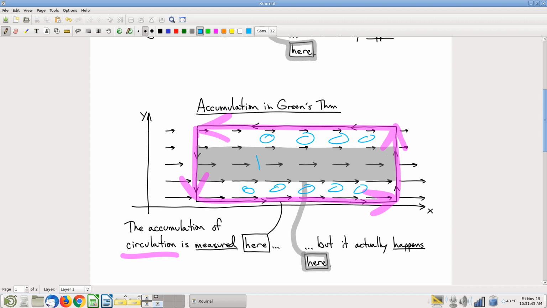And Green's operator is going to be positive all through this region. And you'll be able to see that if you, again, draw a little square in that interior grayed out region there, and you're going to notice there's more positive circulation around the bottom edges than there is negative circulation around the top edges. So you'll see the circulation in the picture. Green's operator is what's computing that.